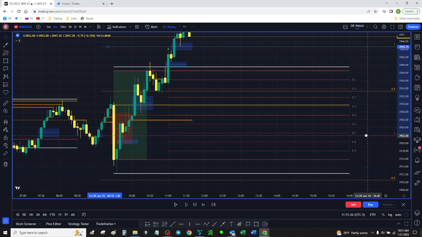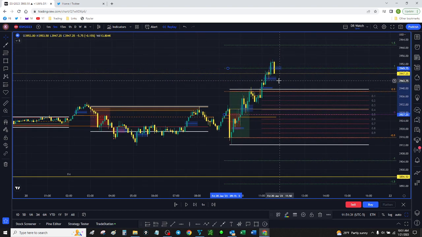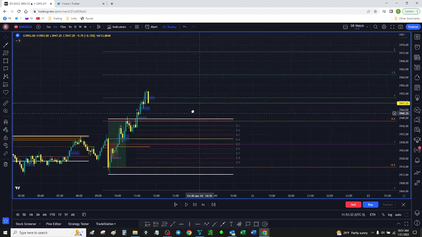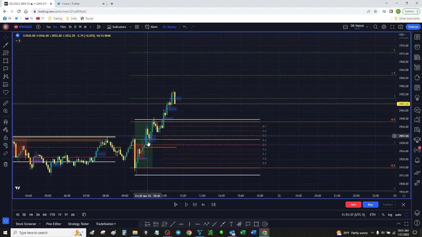I put my zero line in the middle. These green lines are now standard deviation extensions from the DR IDR box.